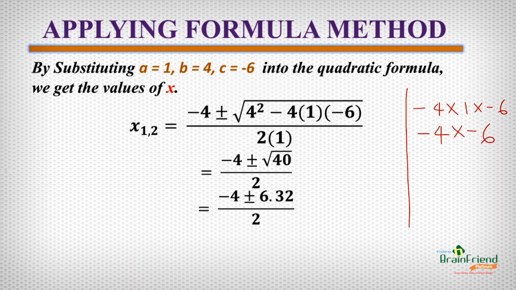Just note that minus times minus will always turn to plus. By solving this, you will now have -4 plus or minus 6.32 divided by 2. Next is to look for our x1, which will take up the positive sign, and then our x2, which will take up the negative sign.